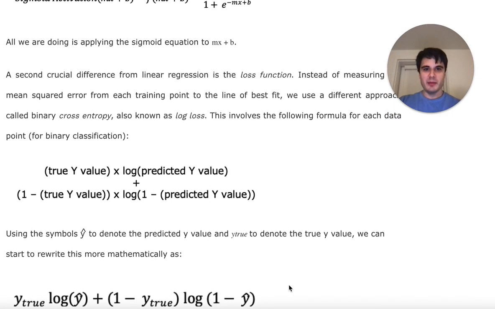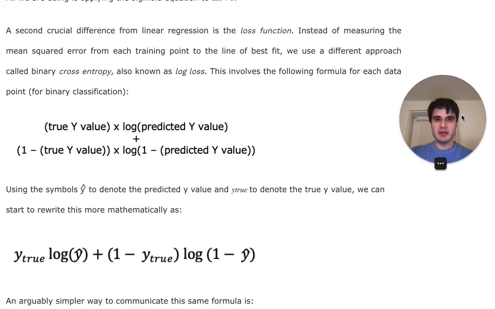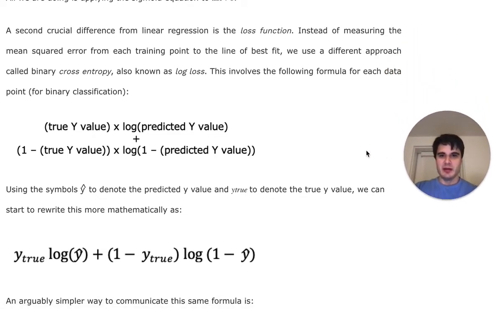This is nice because it gives us a continuous function, which is required for doing calculus on. In other words, for taking the gradients in gradient descent, you're going to need a continuous function.